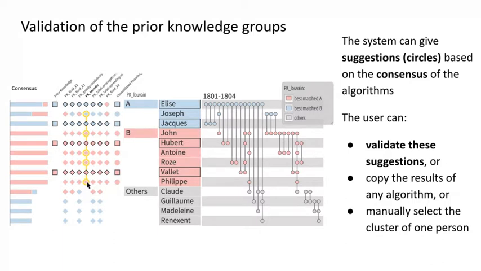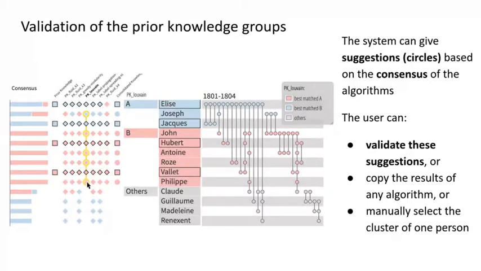Validate the suggestions or focus on one specific algorithm she's interested in. So the circles on the consolidated knowledge will be the suggestions given by the system, either with the consensus.